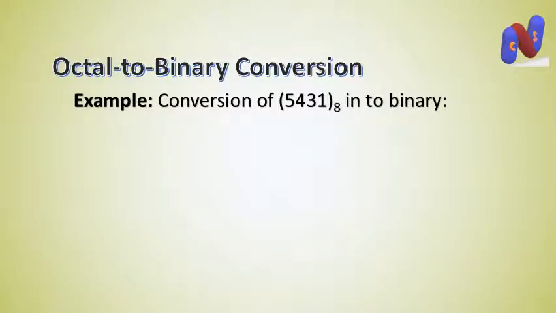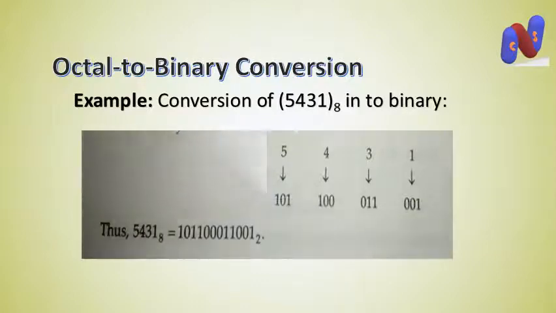As an example, we will convert 5431, which is an octal number, into a binary number. So in the figure you can see, first of all I have written the binary of digit 1 as 001, the binary of digit 3 is 011, the binary of 4 is 100, and the binary of 5 is 101.